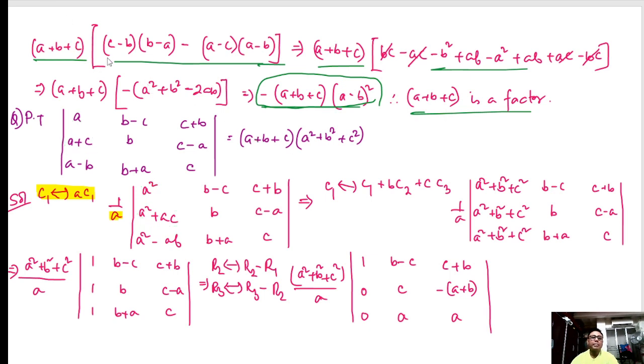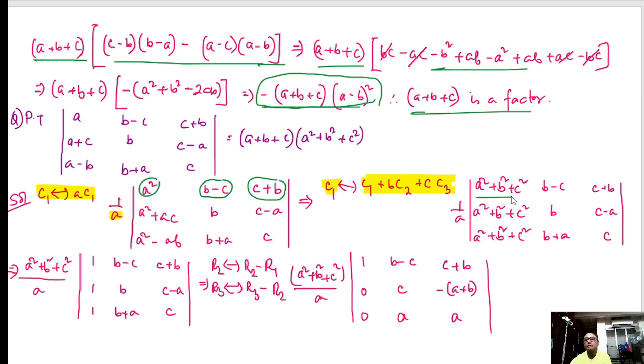Now, let us perform the operation C1 plus B times C2 plus C times C3 and put it in C1. B times C2, this is B times of this and C times of this, and add it with C1.